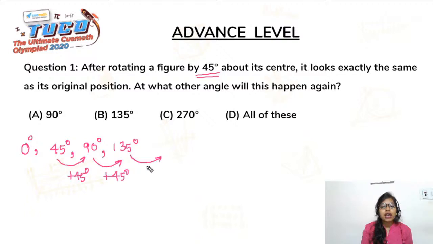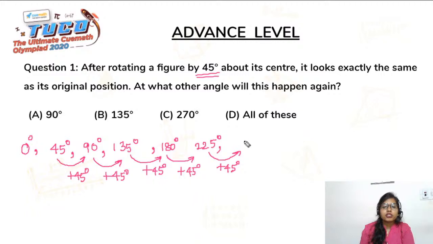And again to this, when I'm adding plus 45 degree, I would be getting 180. And then again add plus 45, yes. So this would become 5. And then yes, 225 degree, correct? And with this again, when I add a plus 45, how much would I be getting?